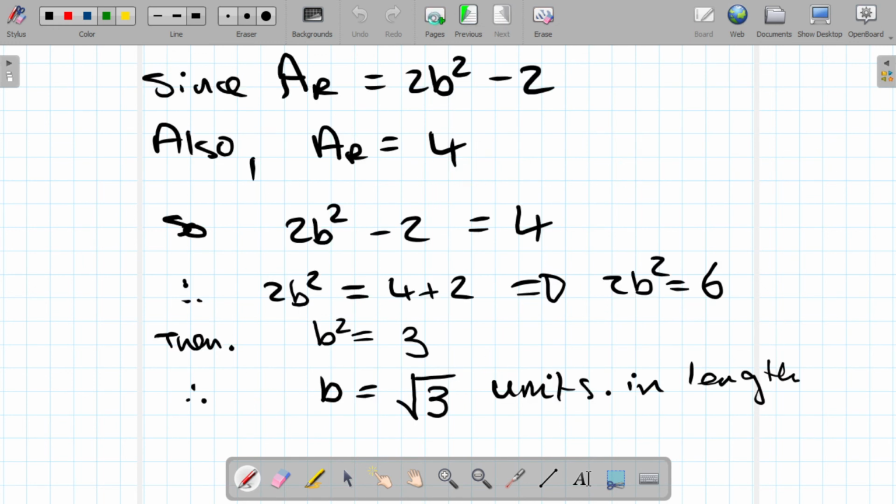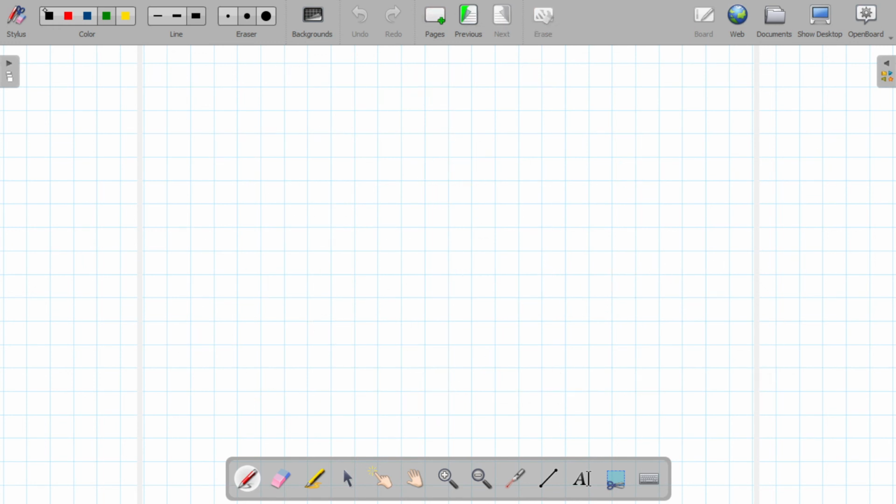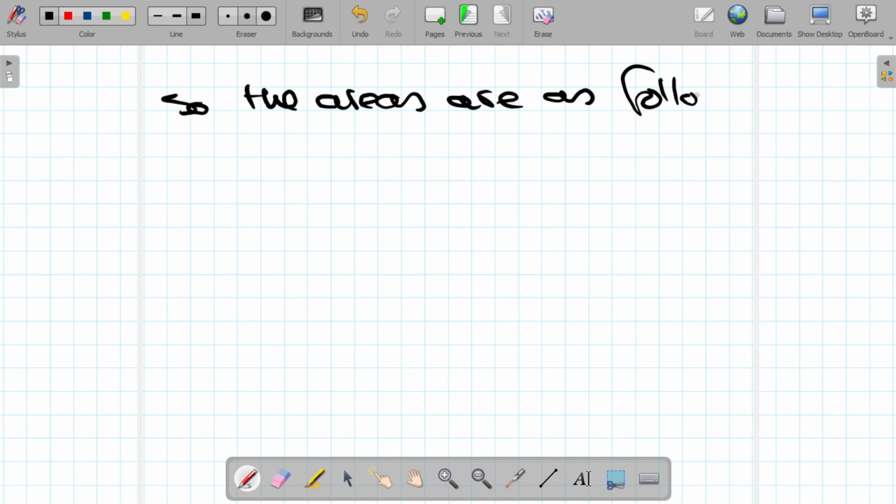So the areas are as follows. I could write them as a ratio actually, which would be 1 to 2 to 4 to 5 units squared, right?